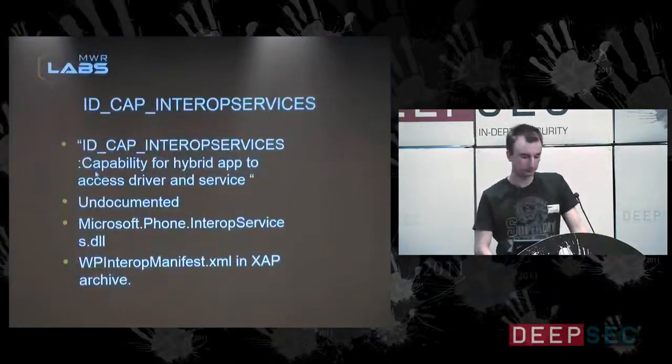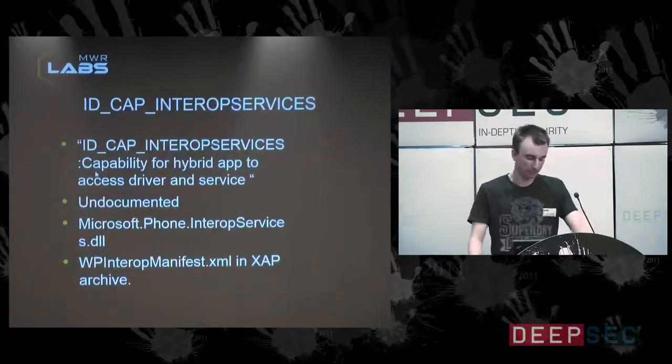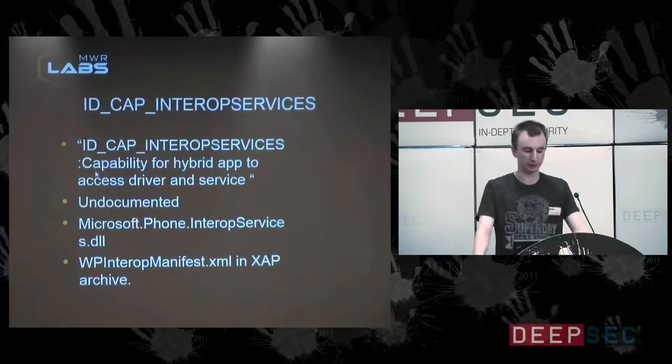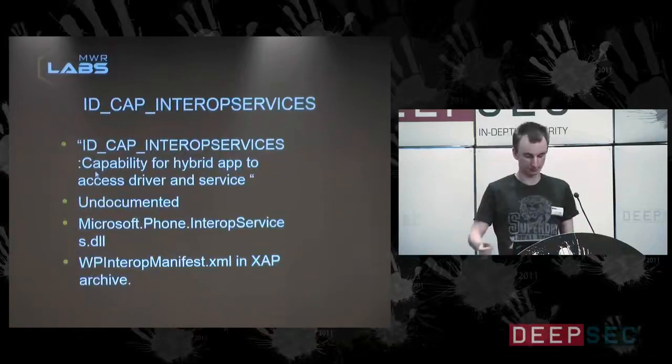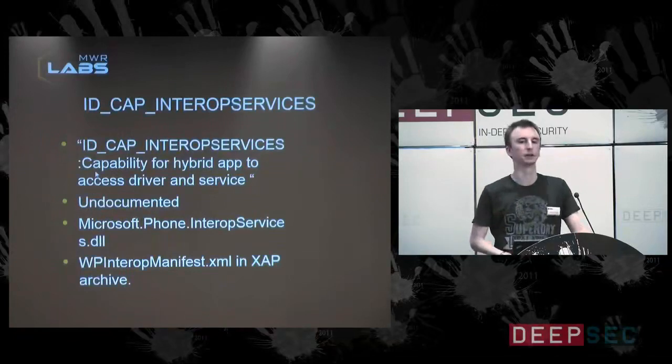Yeah. So for the OEM capabilities, I started examining what OEMs were given, and they had this specific capability called ID_CAP_INTEROPSERVICES. It's used for normal applications to access device drivers and additional services on the device. It's totally undocumented.